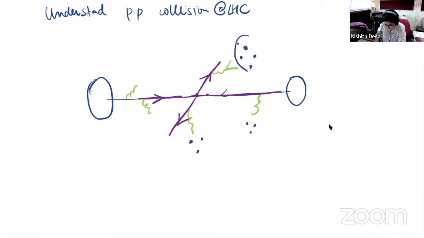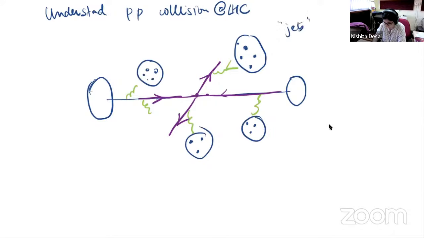So what you will see is like a spray of stable hadrons, which are called jets. These are hadrons themselves. Okay. And this is radiation. So if you actually look at an event at the LHC, you have hundreds of particles, possibly even thousands of particles that are being produced in each event.